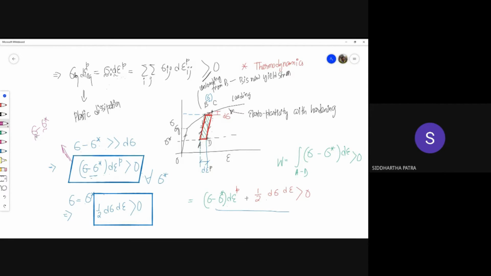In multi-axiality, you can interpret that to be the inner product of this with d epsilon p is always greater than 0. Now, this expression right here can be further interpreted like this.